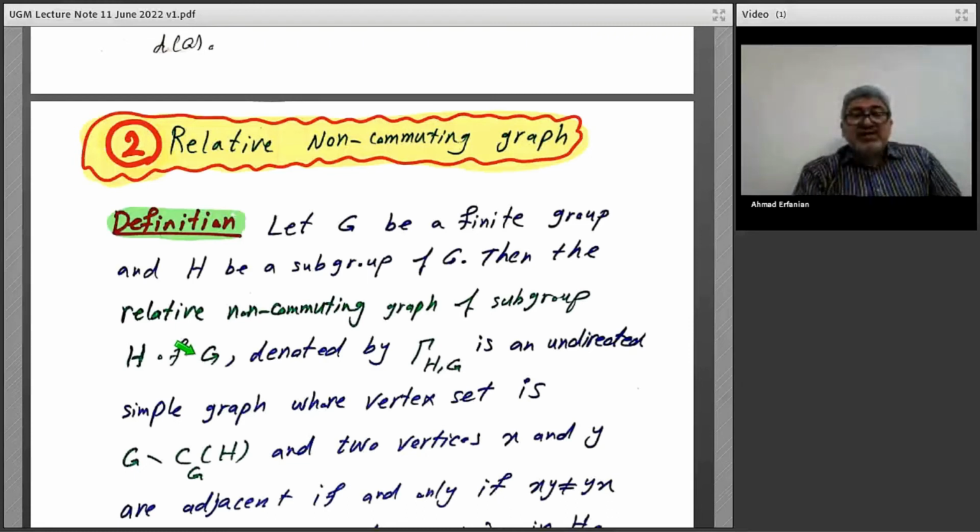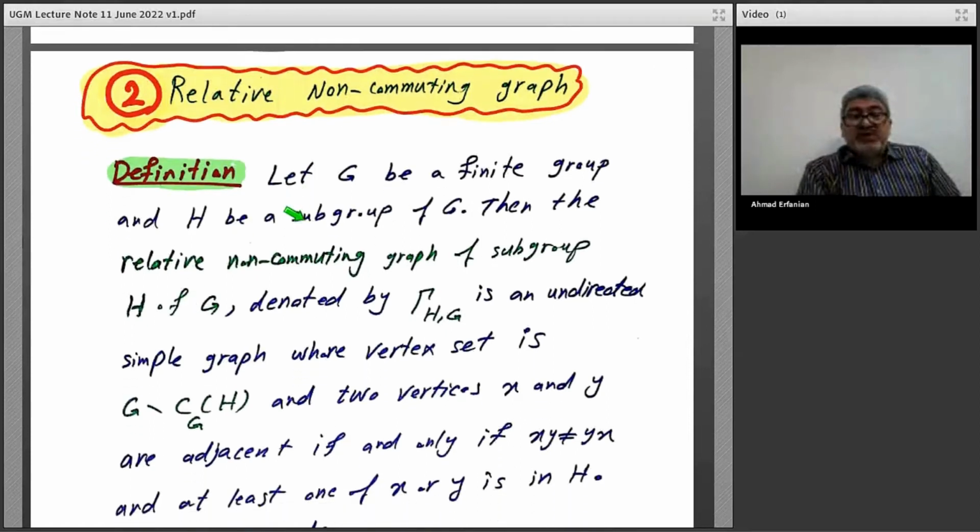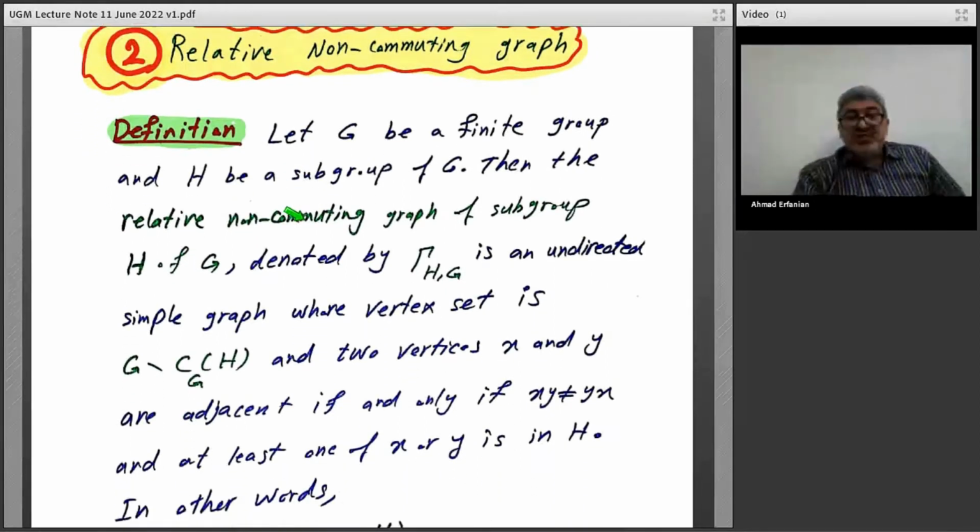Now here we are going to consider a fixed subgroup H of G, and we are going to define the relative non-commuting graph of a subgroup H of G.